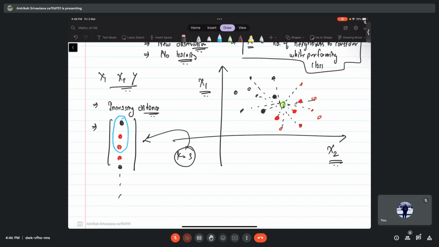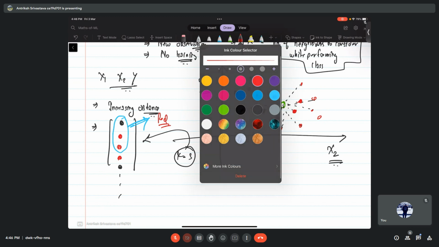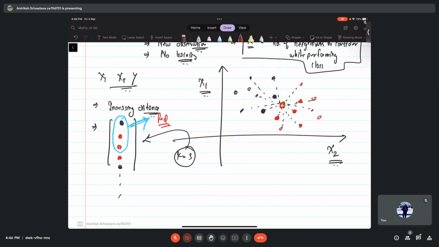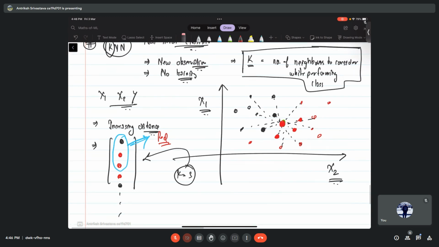Here we see that red is in majority, so what I'm going to say is this new point that I had belongs to the red class. And in the same way, we are going to do the analysis for other new points if I were to introduce them. So this method is very simple, doesn't need any kind of training, and because it is not parametric, it uses the existing data to make any further predictions.